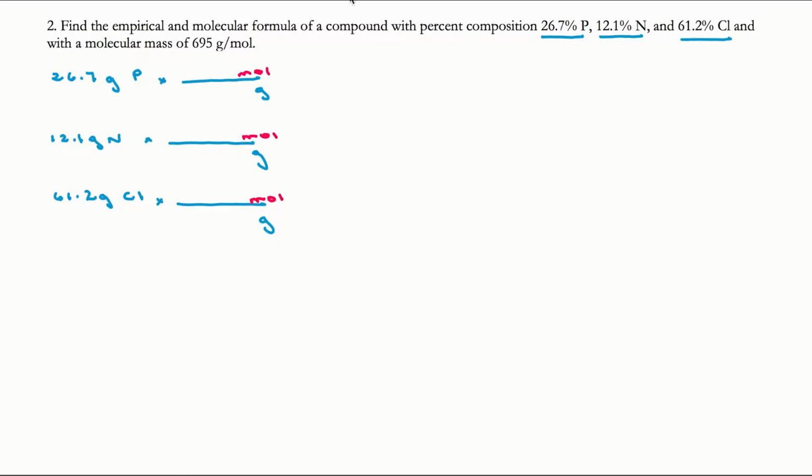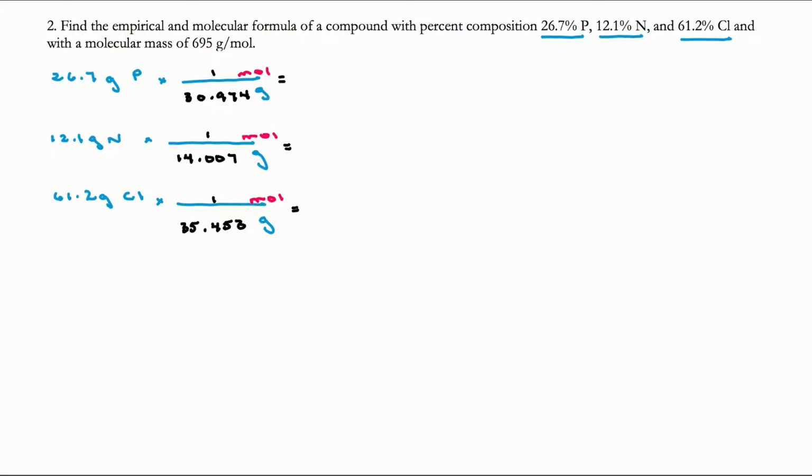So the molar mass of phosphorus is 30.974. The molar mass of nitrogen is 14.007. And the molar mass of chlorine is 35.453. And then it's going to be 1 mole for each of these, because it's that many grams per mole that is your molar mass.